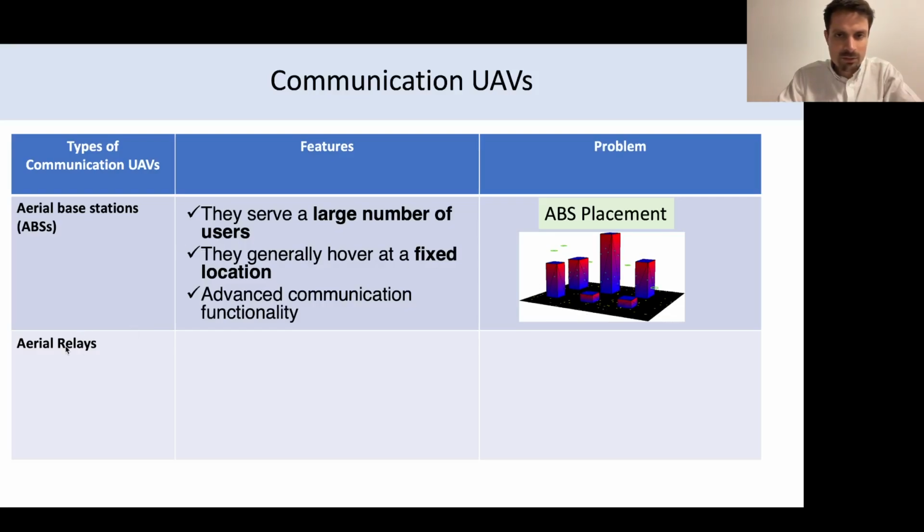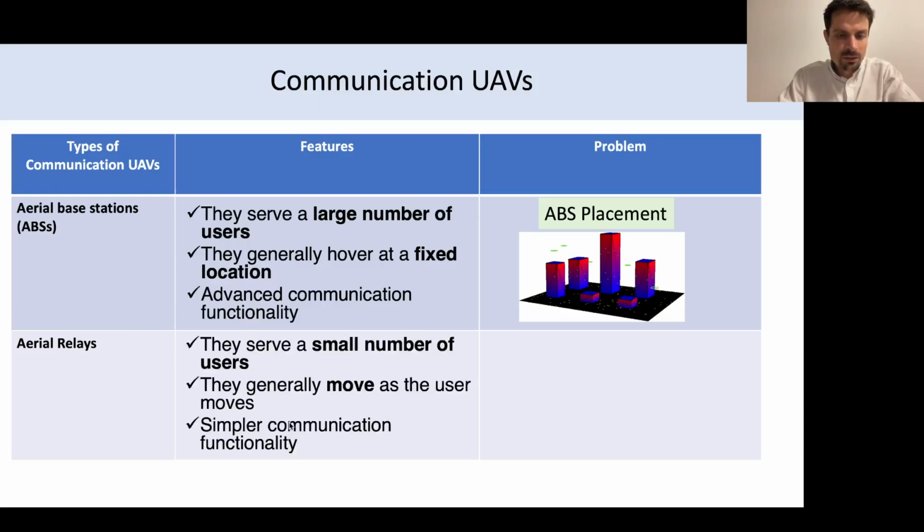The other kind of communication UAVs are aerial relays. These do not implement the functionality of a base station. They are much simpler from a communication perspective, and they are intended to serve a small number of users.